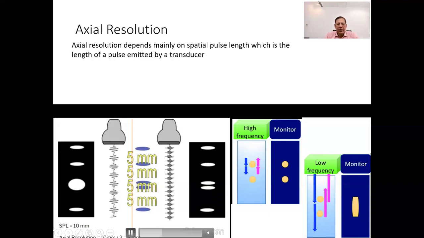On the right side, spatial pulse length is 2 mm, so each reflector must be at least 1 mm apart. If we compare the two images, the image on the right side has better axial resolution than the left because of the lesser numerical value. Axial resolution is the best measure of spatial resolution.